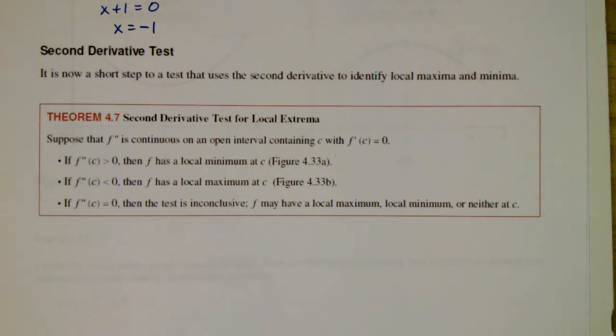If f double prime of c is less than 0, or negative, that means that f has a local maximum at c. And if f double prime of c is equal to 0, then the test will be inconclusive. So that means f may have a local maximum or local minimum or neither. So when your second derivative ends up being equal to 0, then the test fails. It's going to be inconclusive.